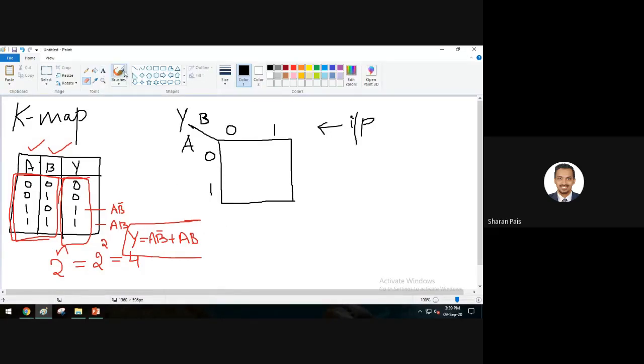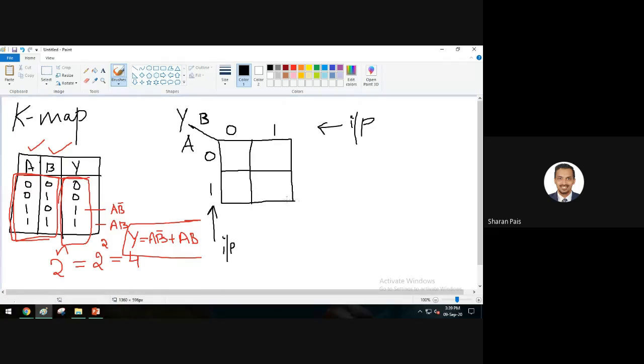We are just focusing on the inputs. For A, I can give 0 or 1. For B, I can give 0 or 1. So I divide this into four locations, 00, 01, 10, 11, AB combinations.